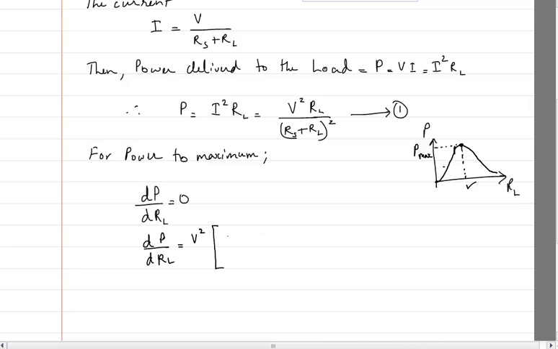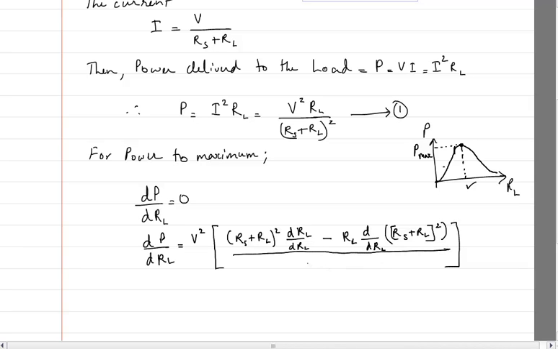So first I will write the denominator, which is RS plus RL square, into the differentiation of RL with respect to RL, which comes out to be 1, minus the numerator RL multiplied with the differentiation with respect to RL of the denominator, which is RS plus RL the whole square, divided by the denominator square.